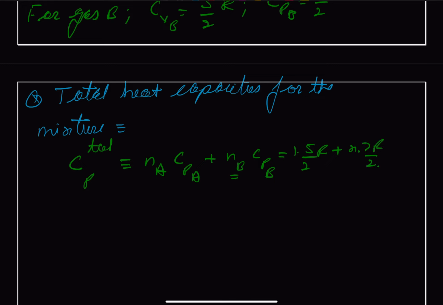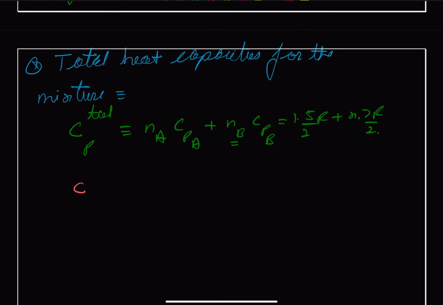And we can just modify it, we can write this as Cp for total will be equal to, we can take R by 2 as common, and this will come as 5 plus 7x.